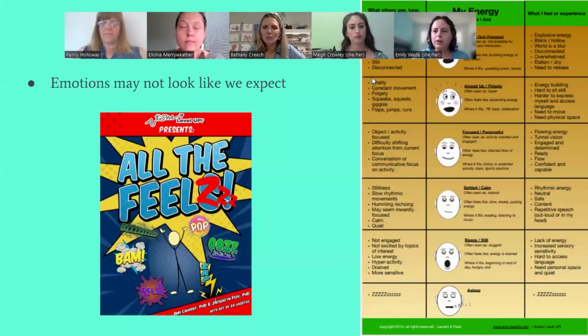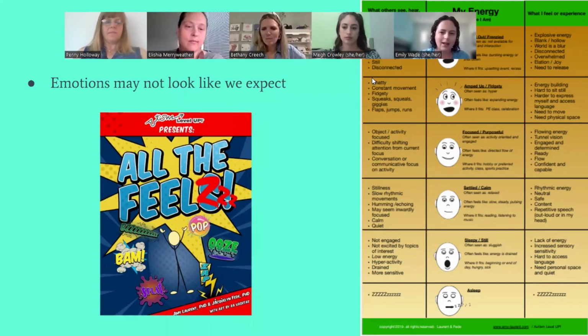But rather than using words, which a lot of the time is subjective, or if you have a learner who has difficulty with language, either expressive or receptive, what they did is they put them into pictures, like cartoon comic book type graphics, and you can see a couple of them there. So you can see like bam, bzz, pop, right?